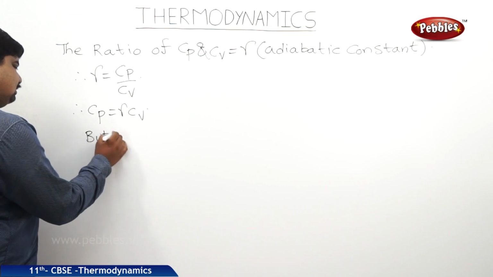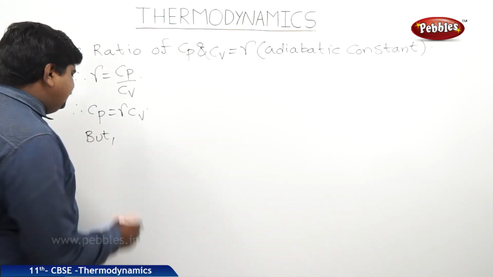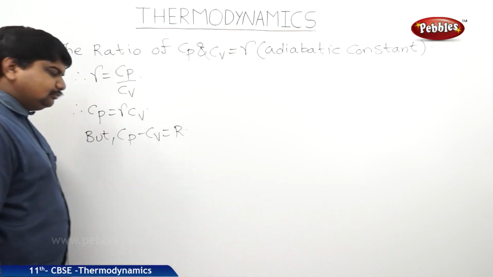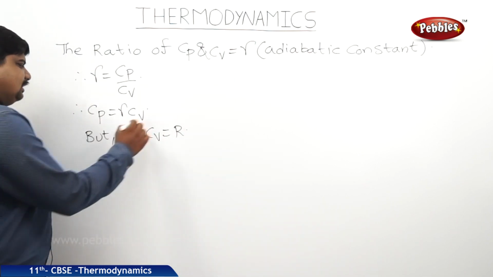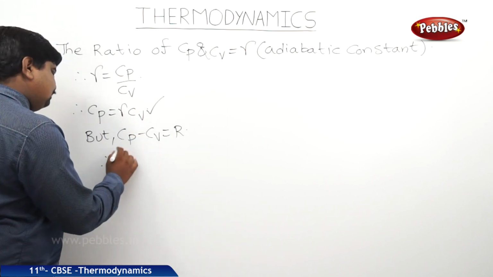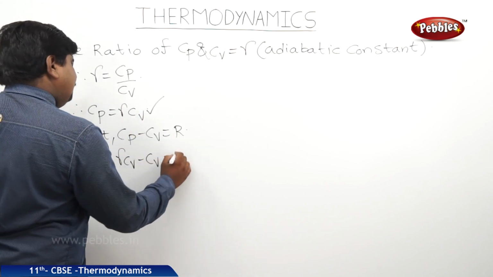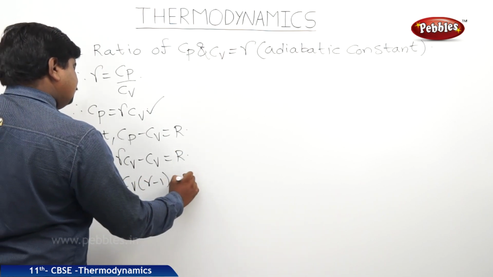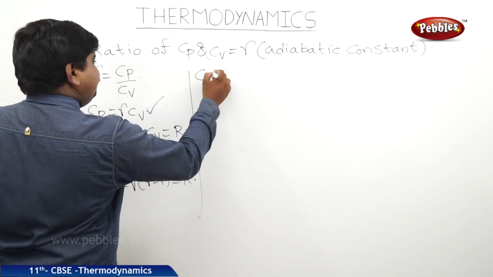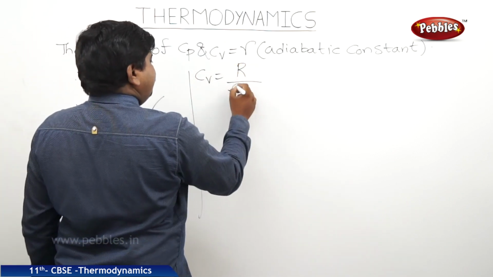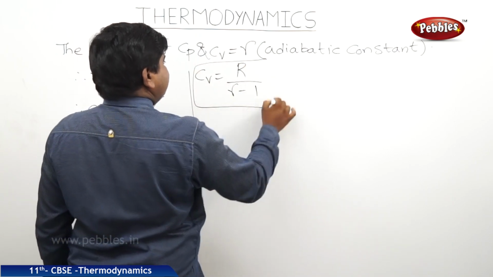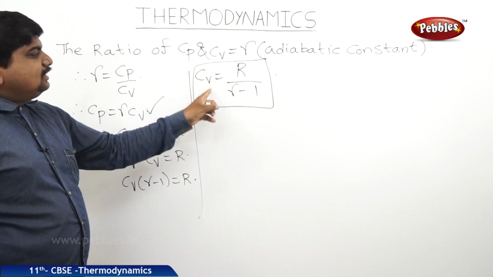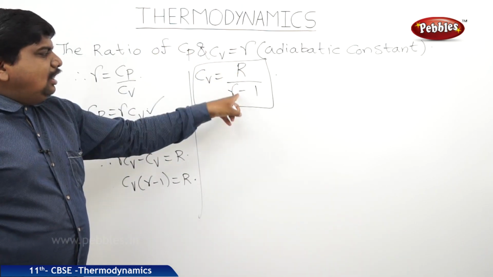But according to Mayer's relation, Cp minus Cv is equal to R. Therefore, gamma Cv minus Cv is equal to R. Cv into gamma minus 1 is equal to R. Therefore, Cv is equal to R by gamma minus 1. This is one of the forms for the specific heat at constant volume based on R and gamma.